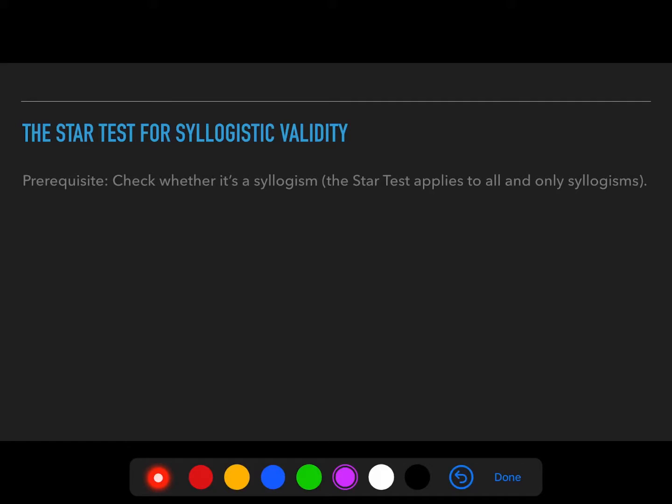So that's why you have to be able to recognize whether any of those arguments are syllogisms or not first. That will always be the first thing you do. See if it's a syllogism. If not, you can stop right there and just say the star test doesn't apply. But if it's a syllogism, then the star test is going to work. It's going to tell you whether it's valid or not.